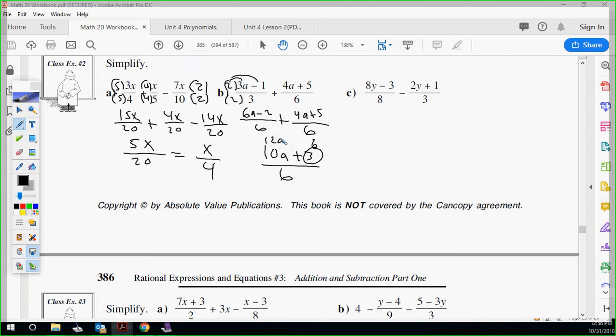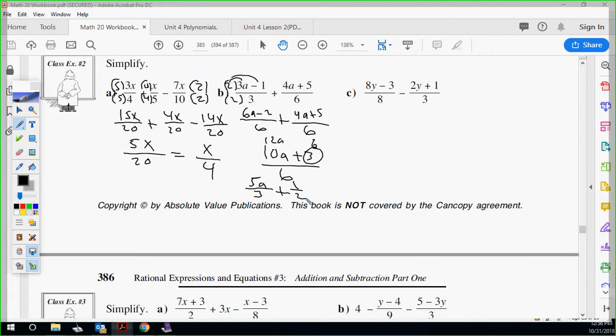That's fine. But if you want to break it up, just if you guys want to see it, it would be this right here over this right here. So it would be 10a over 6, which would be 5a over 3 plus 1/2 if you wanted to break it up. But like I said, you don't have to.